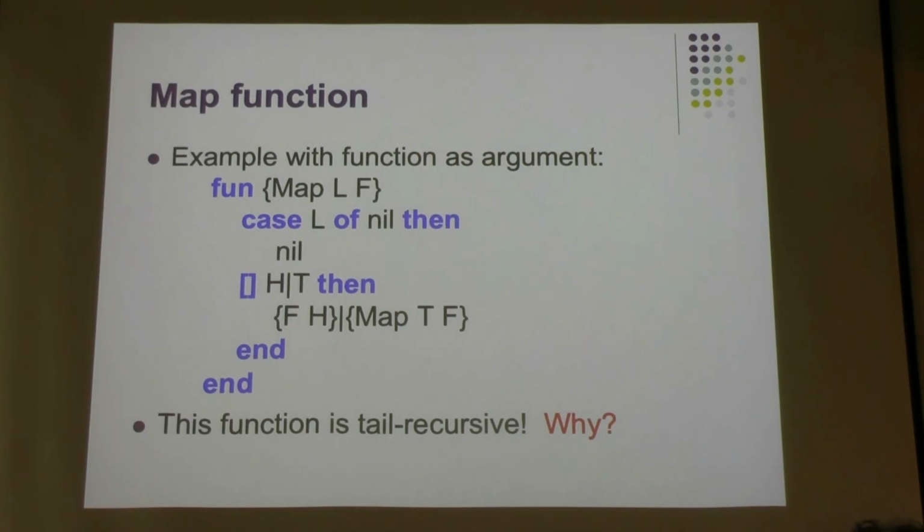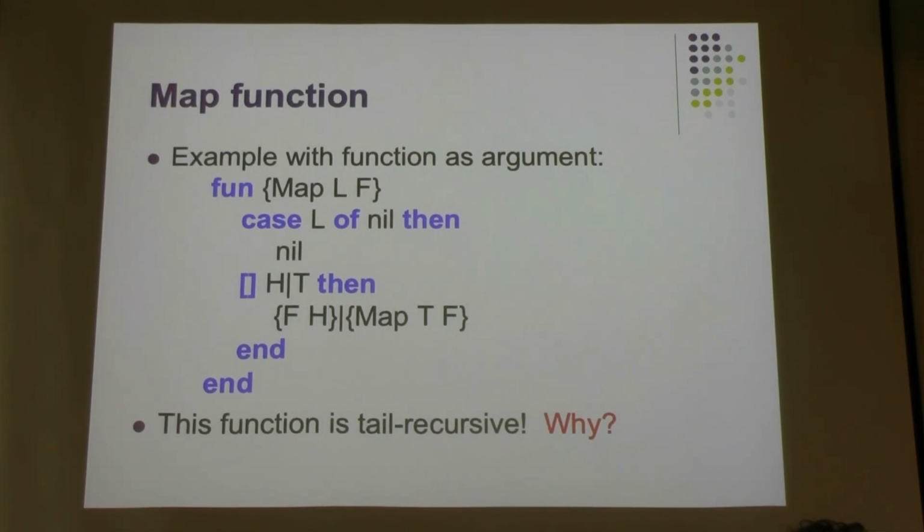Now, let me write this in kernel language, and you will see why it's tail recursive. So, the function f, let me say it's doing X is f of H. And then there's map, T, F, R, R1.